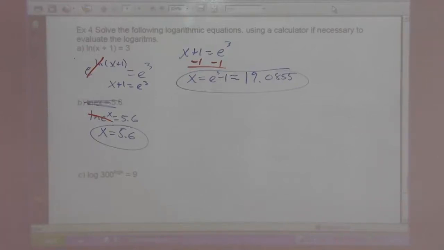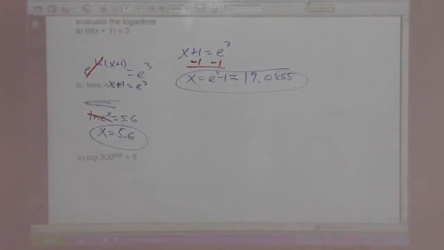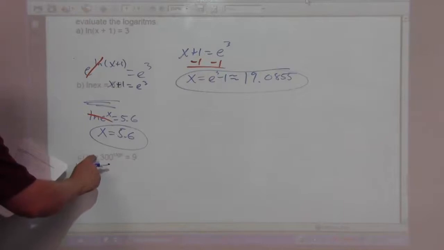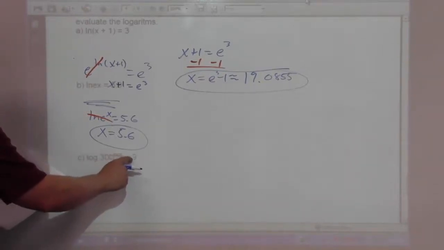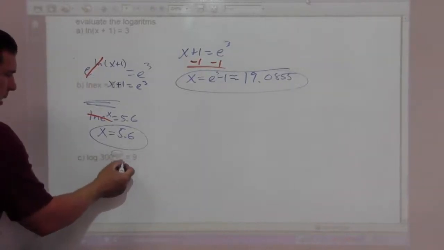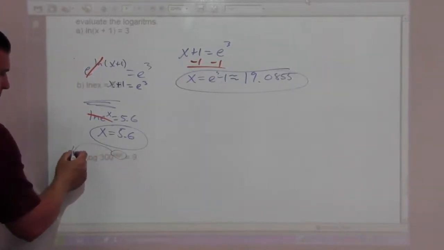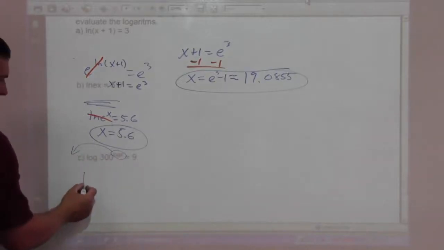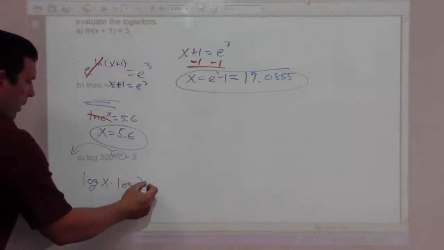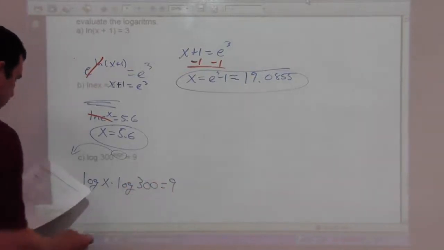Okay, the next one, I'm going to scroll this up just a tad to give us a little more space down here. This is common log of 300 to the power common log of x equals 9. Now, I didn't state this yet. This is a property learned in the next section. This power can come out front. So we have common log of x times common log of 300 equals 9.